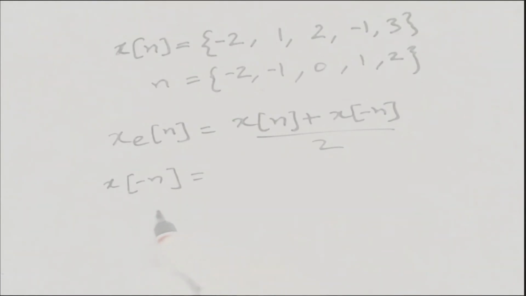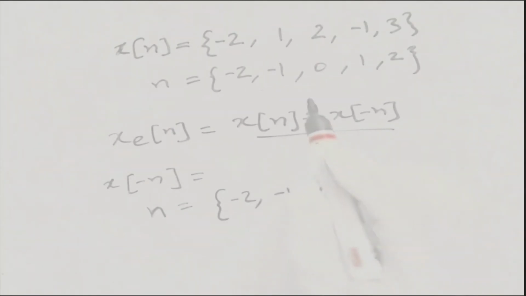Let me write the values of n again, minus 2, minus 1, 0, 1, 2. So now I have written the series of n here. Later on I might be switching and representing the series of x by using arrows instead of writing n in this manner.